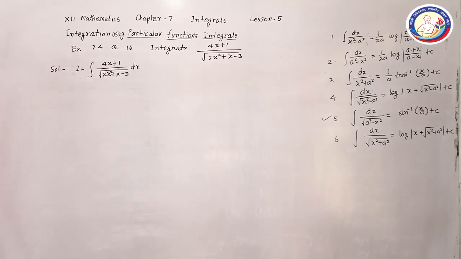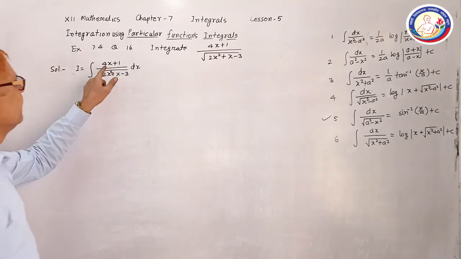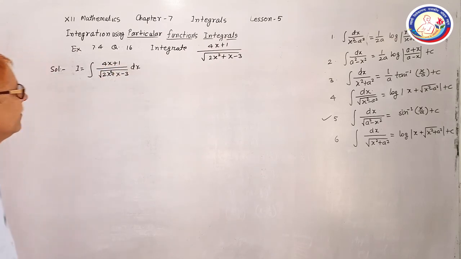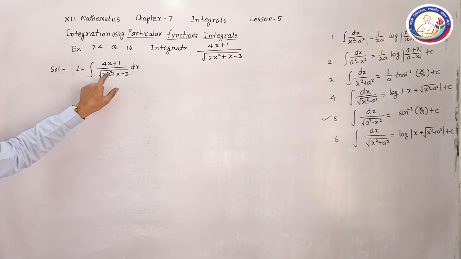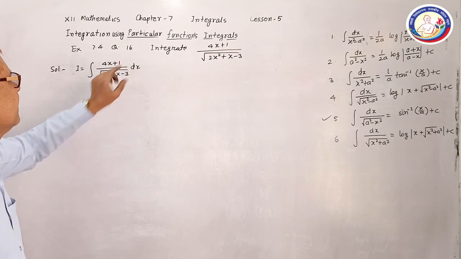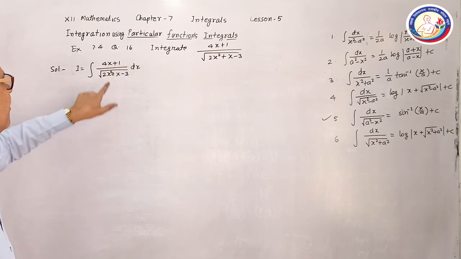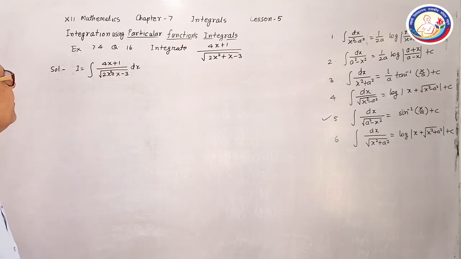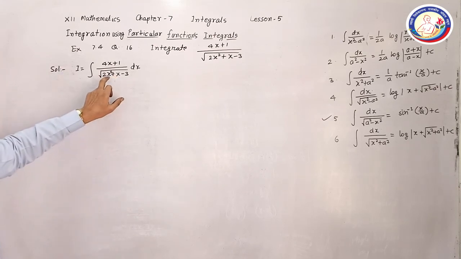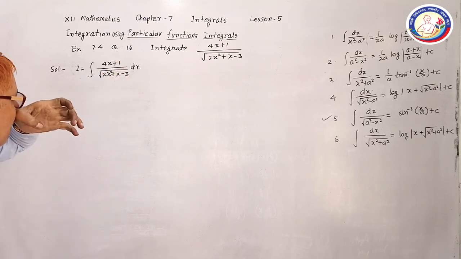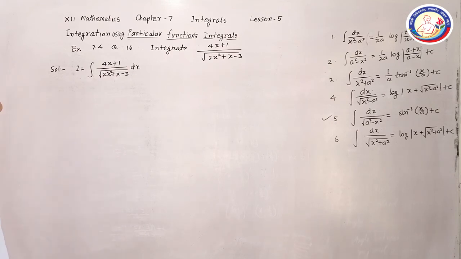Now next question, we are having 2 terms in the numerator. 1 upon this can be reduced to a particular form, but 4x upon this can't be reduced, because if we put 2x square plus x equal to t, then 4x plus 1 will be the derivative.